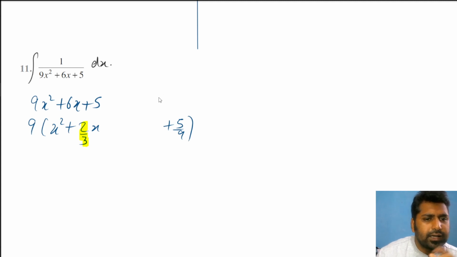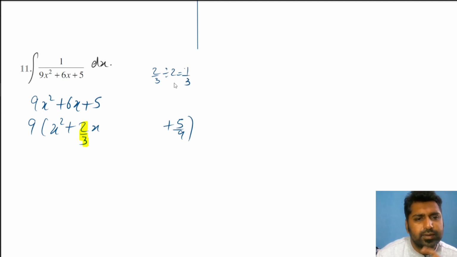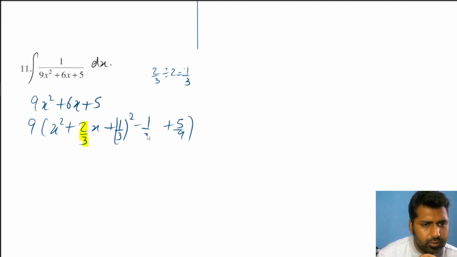So write down the constant at last always. So what is this? 2 by 3 divided by 2 is 1 by 3. So you add 1 by 3 whole square, you subtract 1 by 3 whole square. This is the adjustment step.